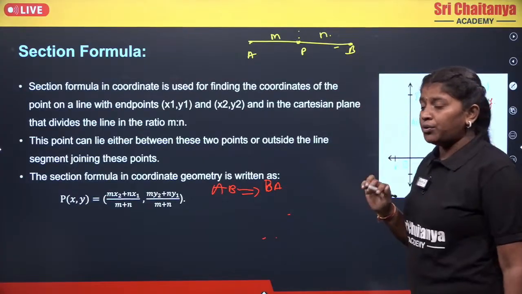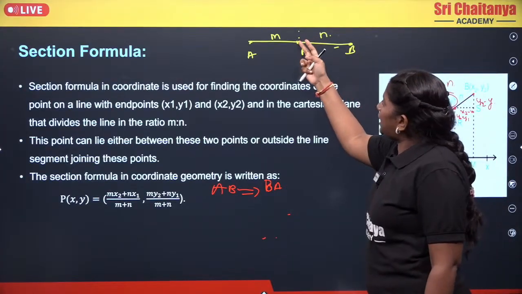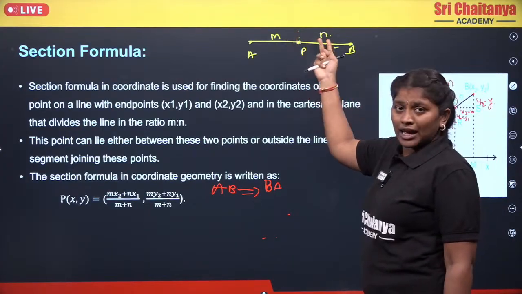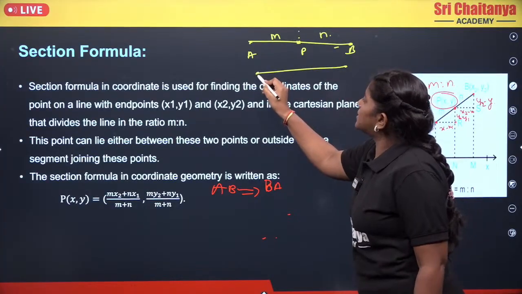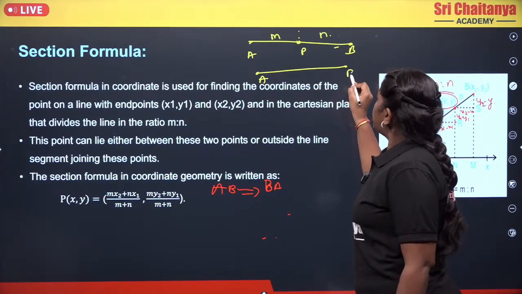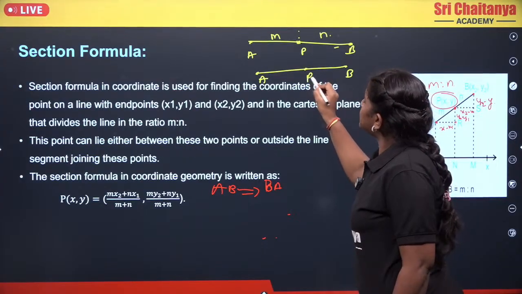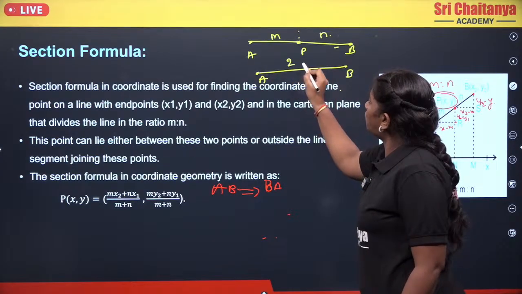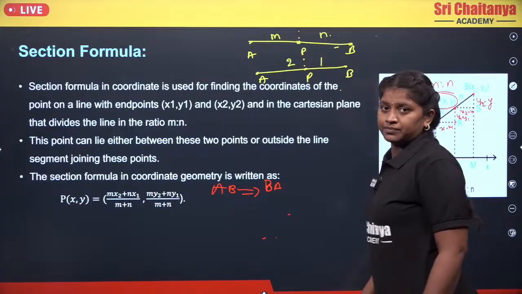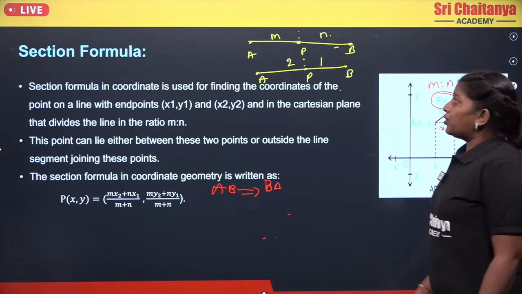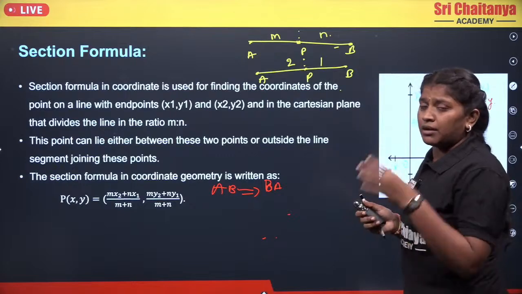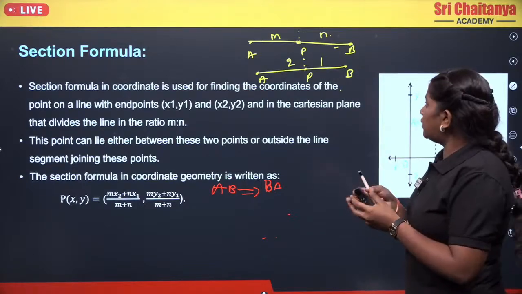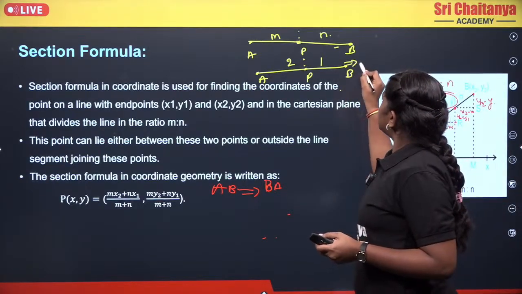Now what if the point P is dividing the line segment AB in the ratio of 2:1? The same line segment AB, but here the point is dividing AB in the ratio of 2:1. So if you add those parts, you will get the total parts as 3.